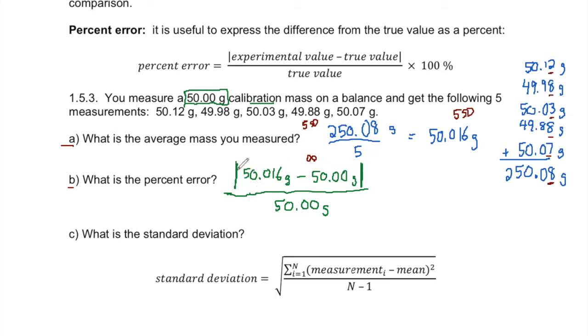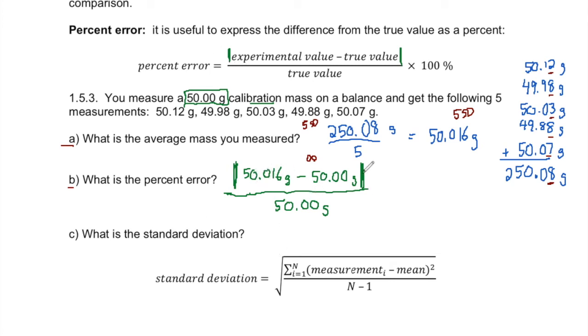These lines here are absolute value bars, so we are just trying to tell how far apart these are, not whether this comes out to be a negative or a positive number. We're just going to use the magnitude. It's going to be positive no matter what. Even if this were 49, we would just report this numerator as a positive number. That's what these absolute value bars in the formula mean.